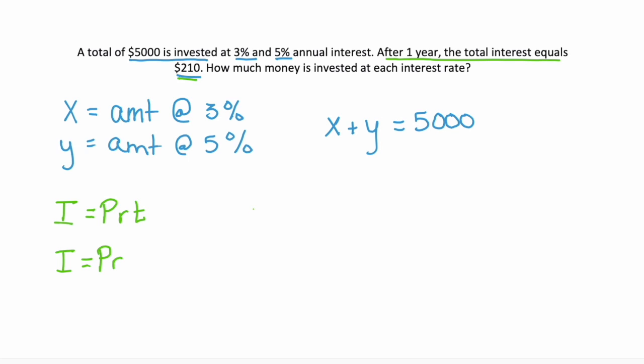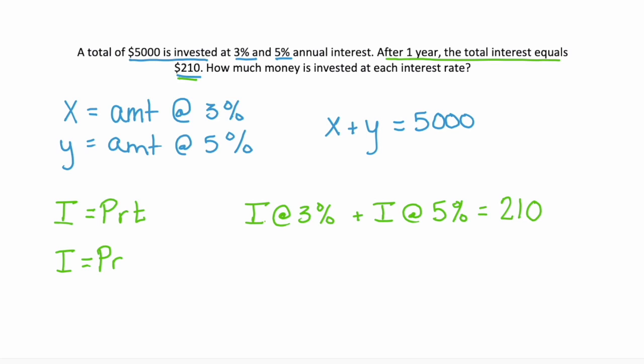So we know that the interest that we get at 3% plus the interest we get at 5% needs to total $210. So we want to come up with representations of interest at 3% and interest at 5%. Well, interest is equal to the principal, or the amount you invest, times a certain interest rate.